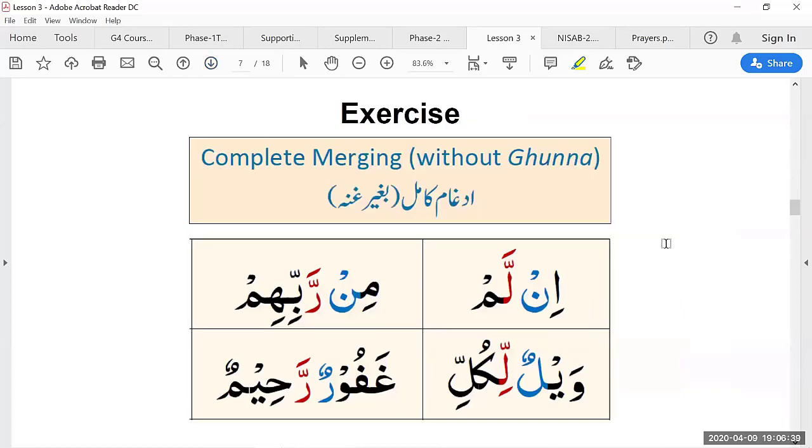Now here are some examples. I would like to request the ST to pick a student to go through this exercise.